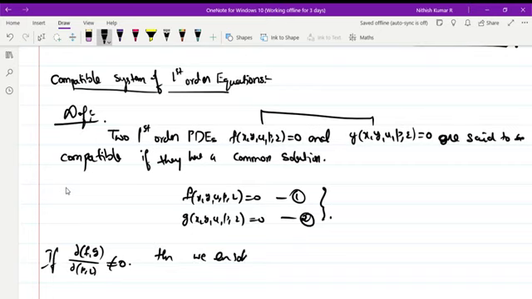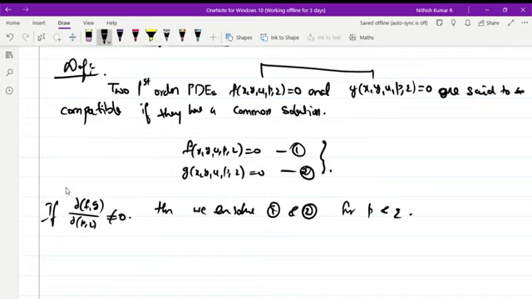So if the Jacobian dou of f, g divided by dou of p, q is not equal to 0, then we can solve 1 and 2 for p and q and obtain an explicit expression.